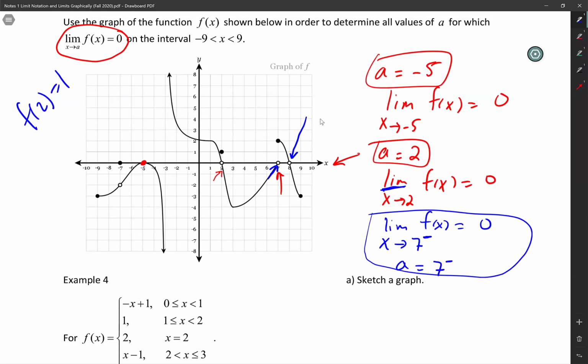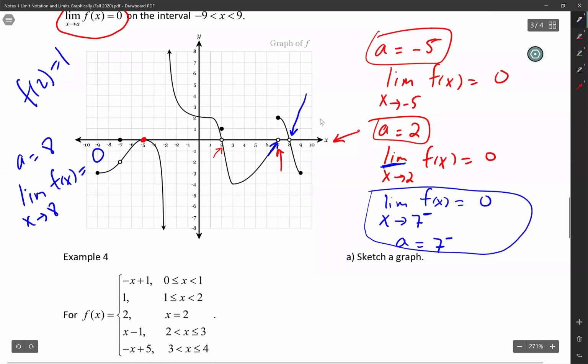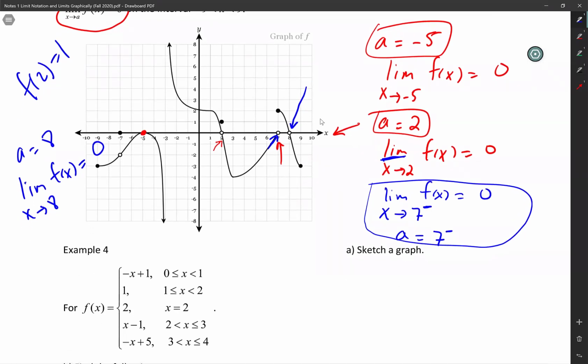The 8 one there. a equals 8. Limit as x approaches 8 of that function equals 0. And there it is, guys. I don't know if in Delta Math, if you would have just typed 7, if that would have worked, or if you had to do something special. But there it is. That's it.